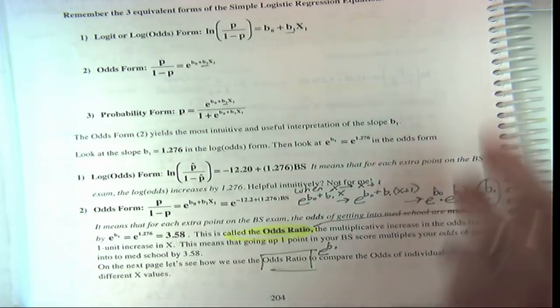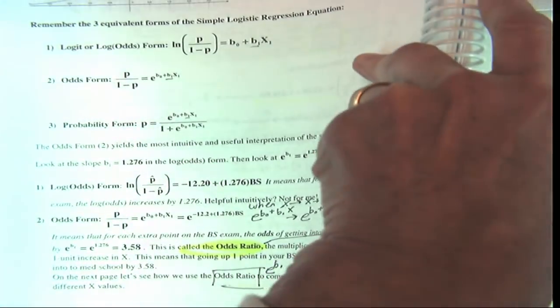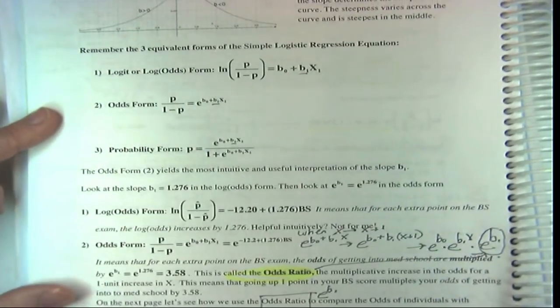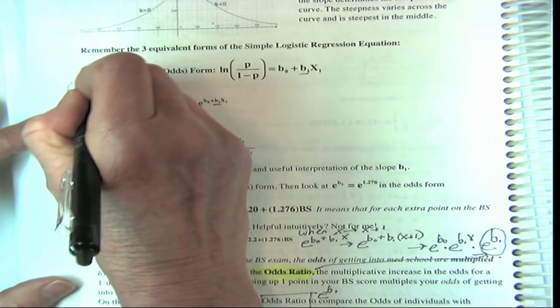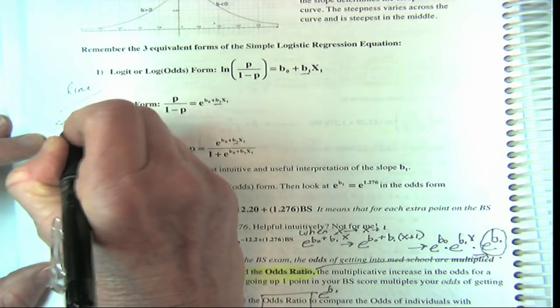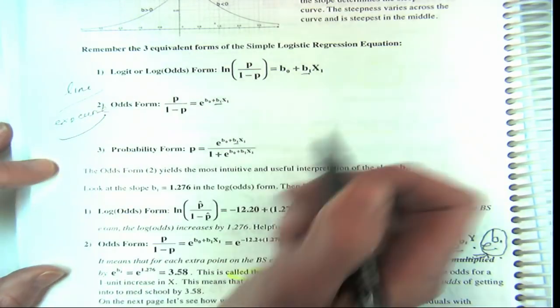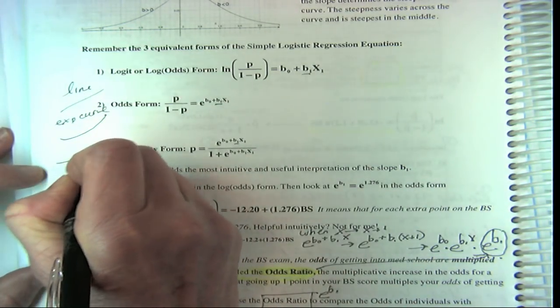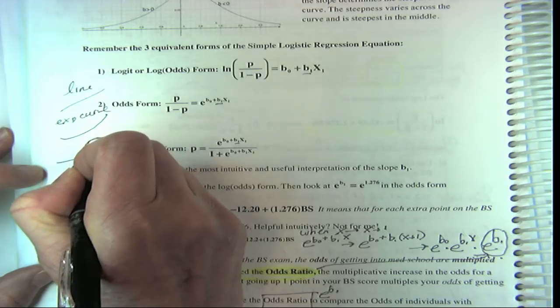So we can see how this works on the next page. So let's just make sure we understand this. This is our line. I can't repeat this enough. This is our exponential curve. And this is the S-shaped curve right there.